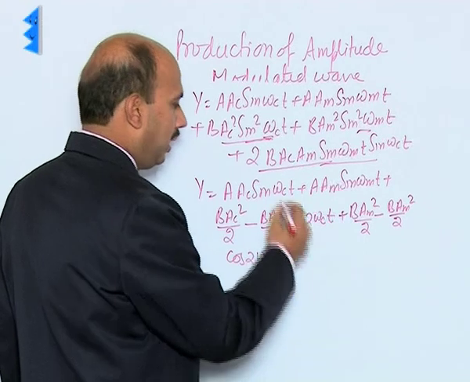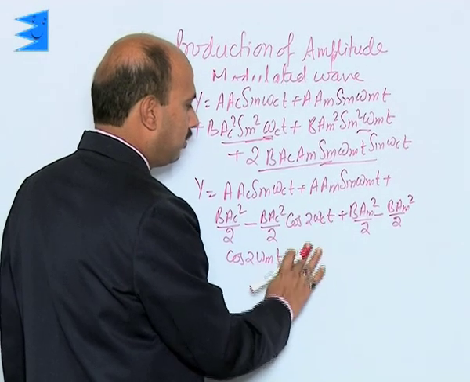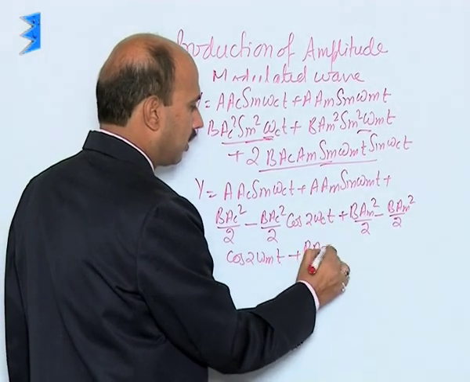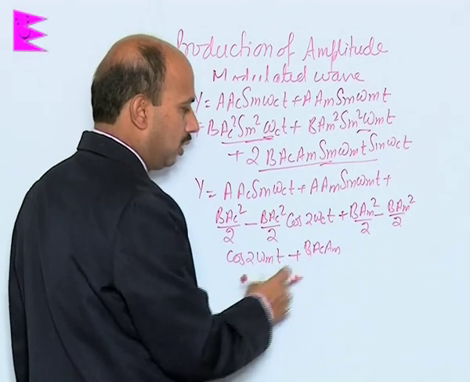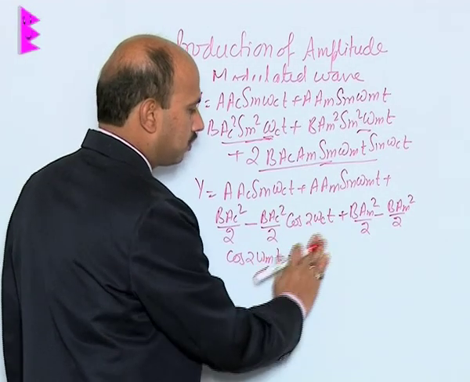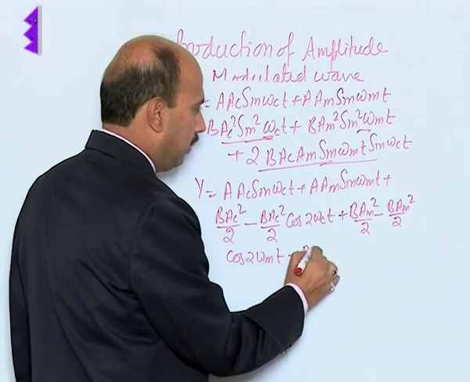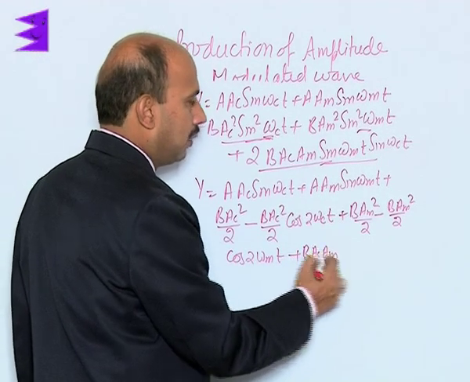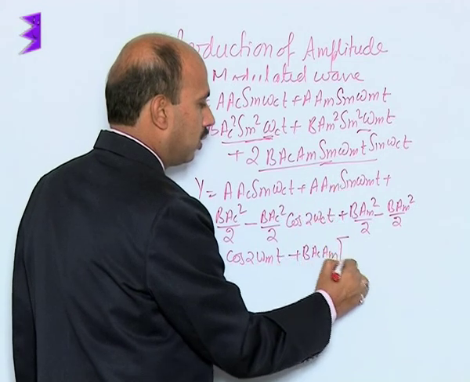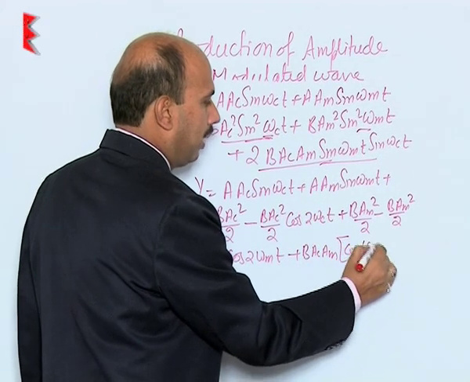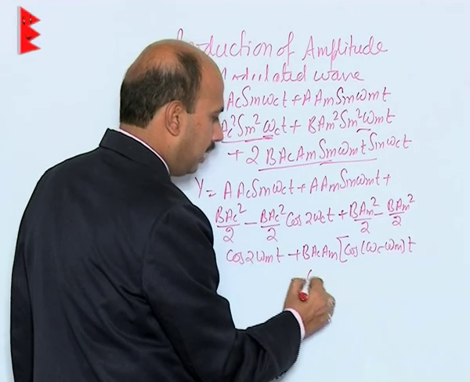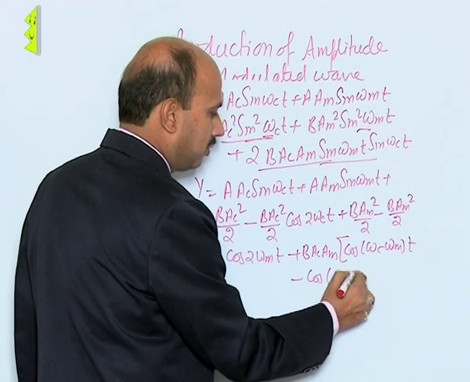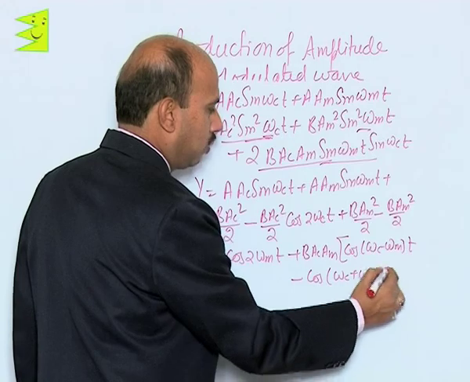Now this part is left behind. We can write b Ac Am divided by 2, the 2 gets cancelled, so it can be written as b Ac Am times cos (omega c minus omega m) t minus cos (omega c plus omega m) t.